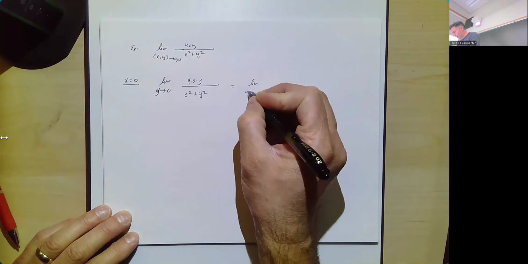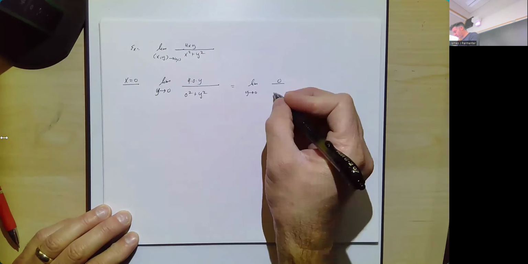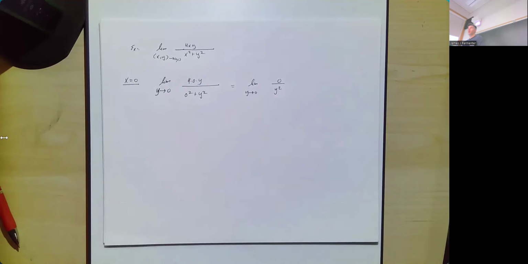And the limit as y goes to 0 of 0 divided by 0 squared plus y squared. Now, it looks like we might get a 0 over 0, but it's a lie, because before we evaluate the limit, we're going to simplify the expression. And specifically here, y is definitely not 0.